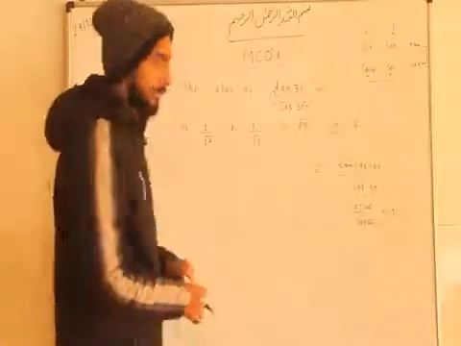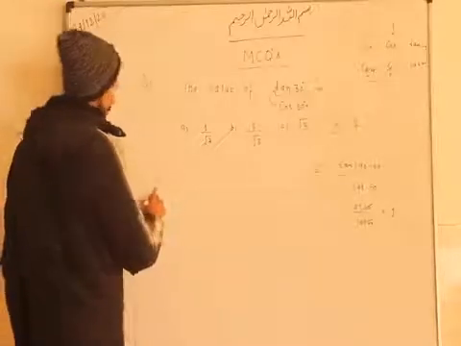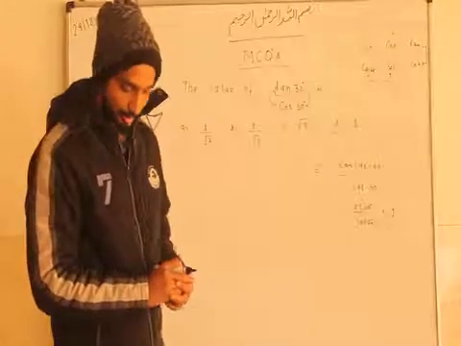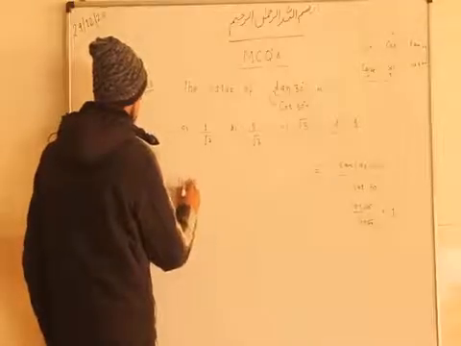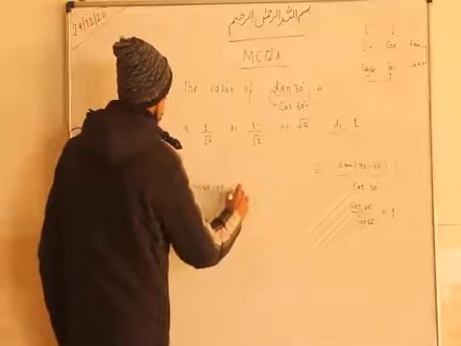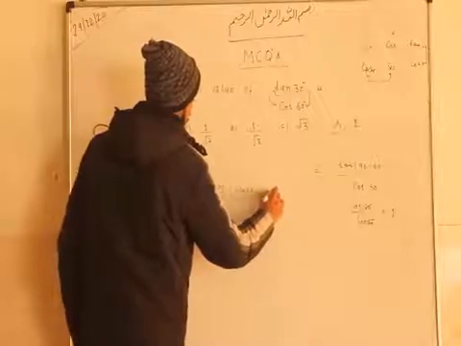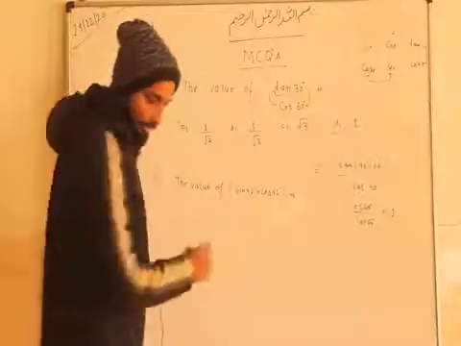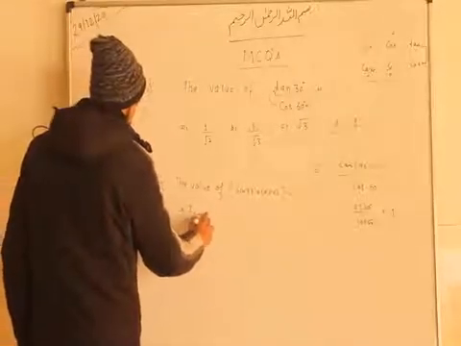And now see question number 2. The value of sin 45 plus cos 45 is, the value of sin 45 degree plus cos 45 degree is, option A 1 by root 2.